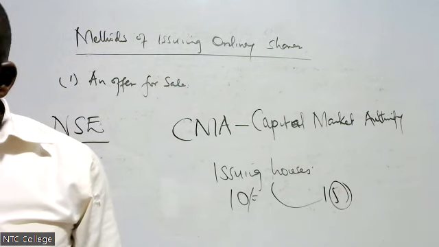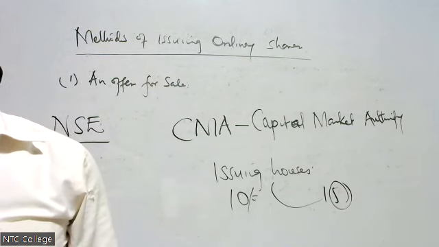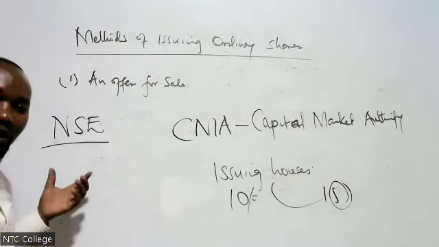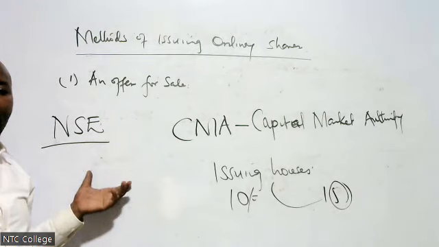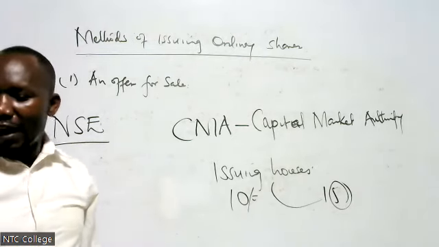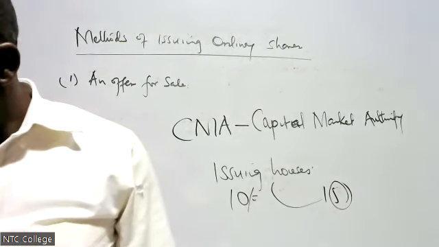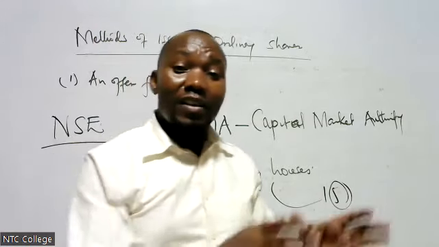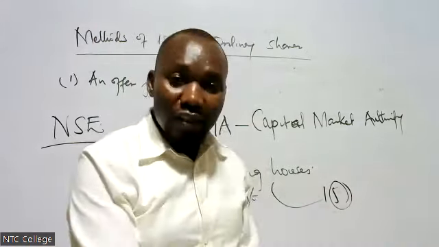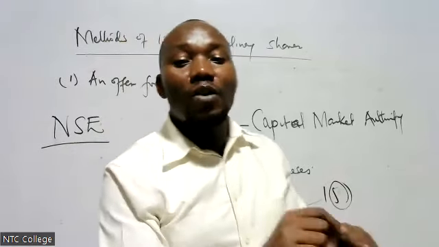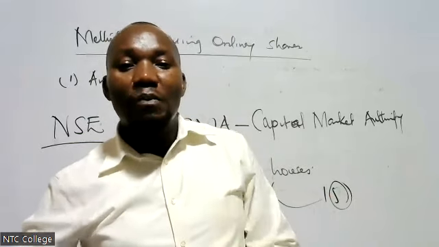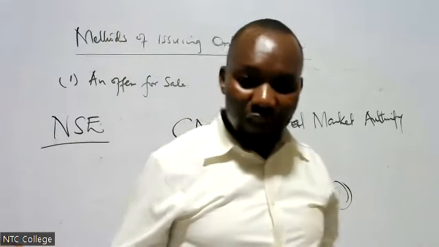Did we understand that? Can you explain that in an exam? If you are told to define the following terms, an offer for sale, can you explain that this is where an issuing company sells the entire issue of shares to an issuing house, which then sells to the public using a prospectus?